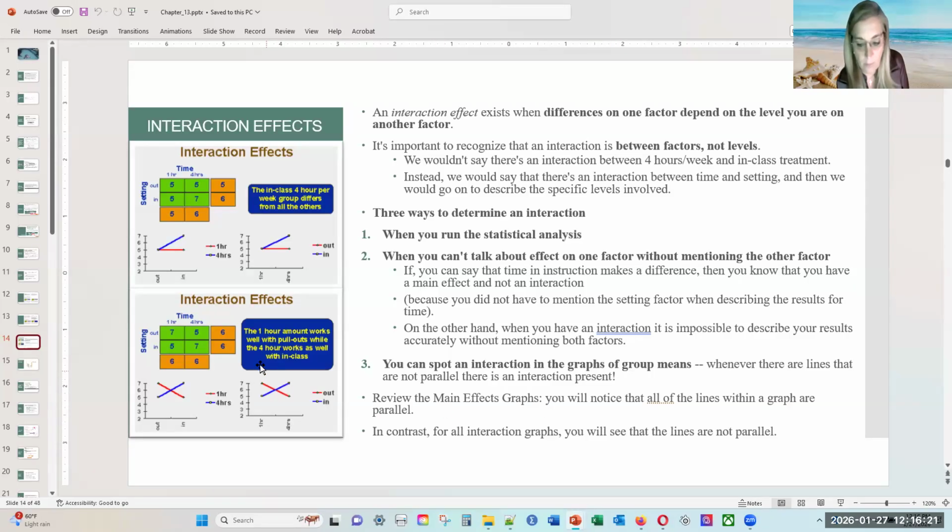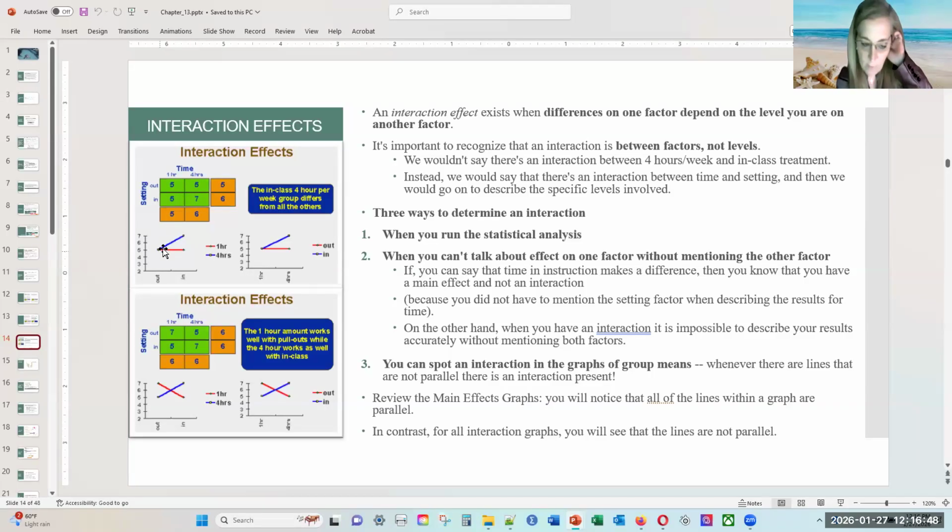Here you can see in the graphs an example of an interaction, right? You have lines that are tilting and they are spread apart. So you probably have a main effect, and they're also crossing or converging or diverging, I should say, if you're looking at it the other direction. And you can tell that they've graphed the means here.